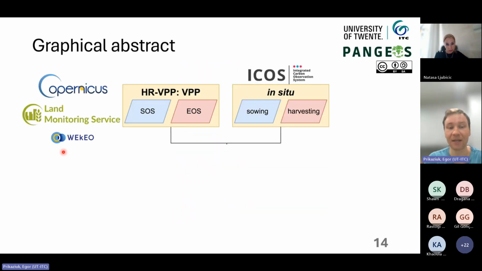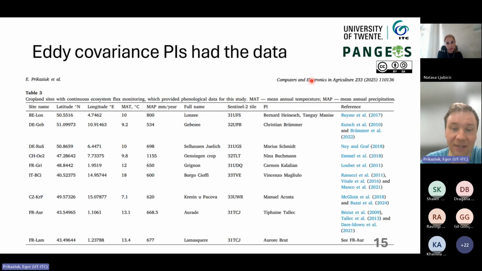That's what we did. At the beginning, the product is available. We downloaded it from the BKO DS system. And then we thought, well, who has been recording this data for ages? The ICOS, Integrated Carbon Observation System, and the PIs of eddy covariance towers. Well, they know what they were planting.